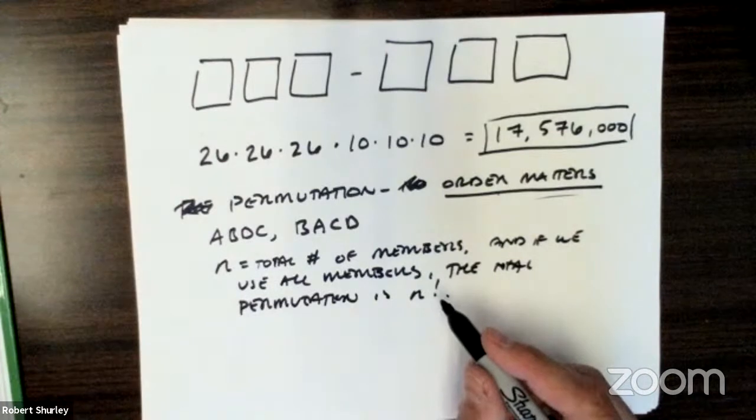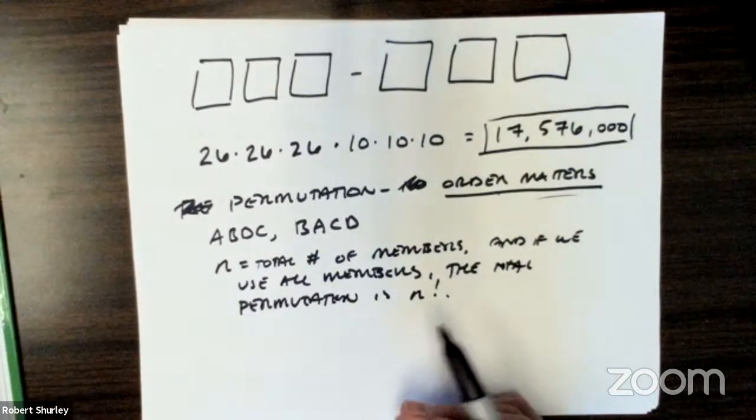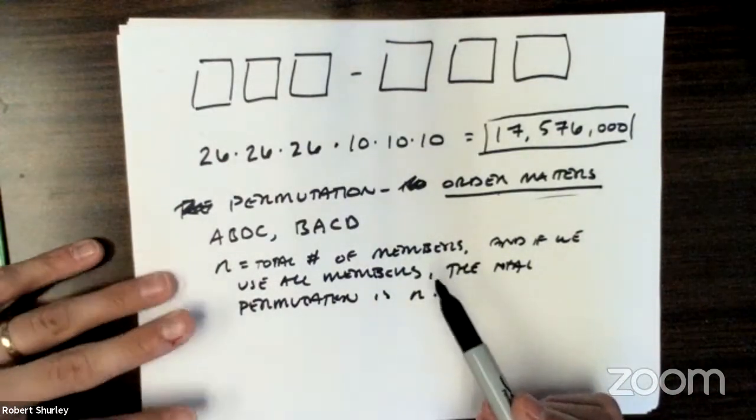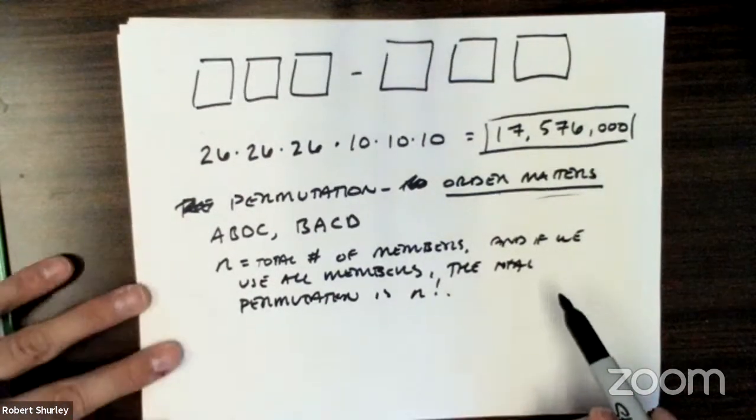Now, if you've never seen this exclamation point sign being used, that's fine. All it means is that you multiply descendingly, okay?